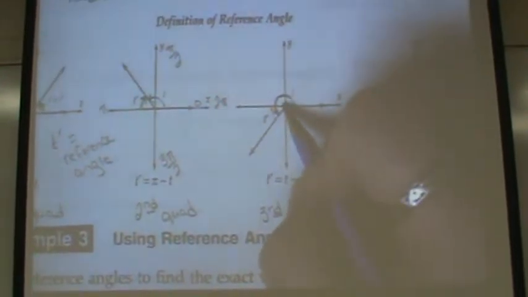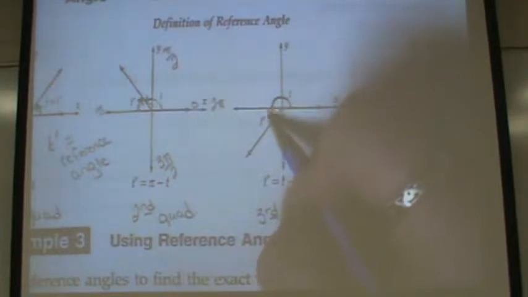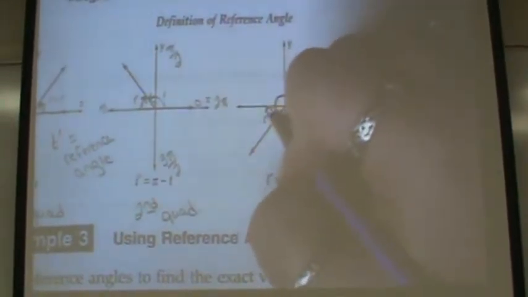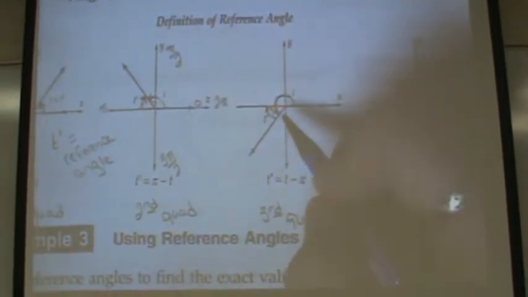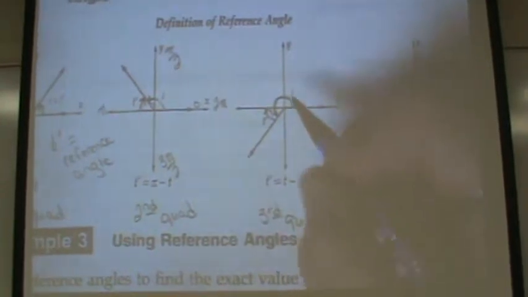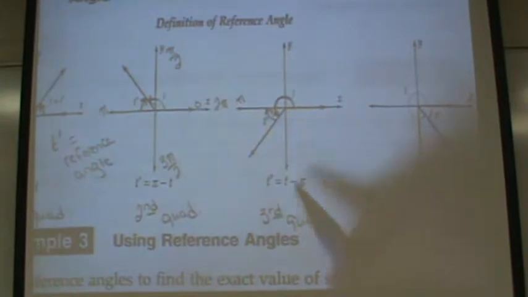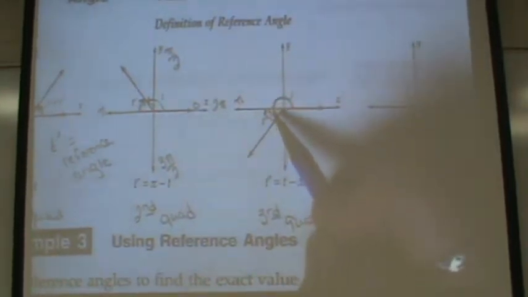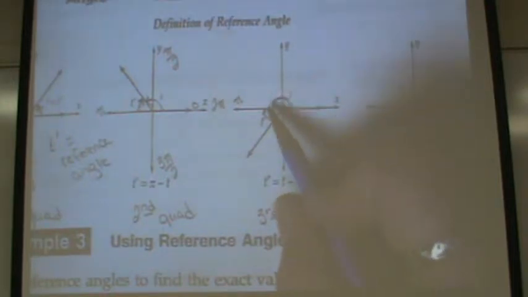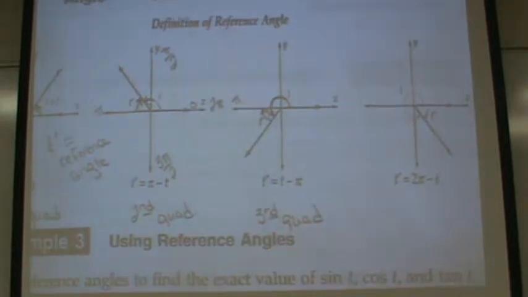So we want to find the reference angle, which is the acute angle to the x-axis. So that would be this angle right here, because we go from our terminal side, make the acute angle with the x-axis. Again, this is pi over here. So if we have rotated past pi, you're going to take your angle that's in the third quadrant and subtract pi, and that'll give you your reference angle there.